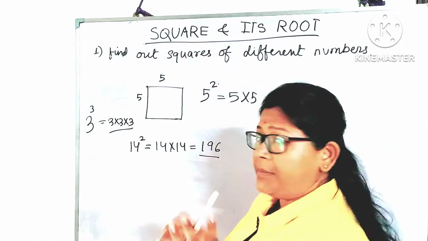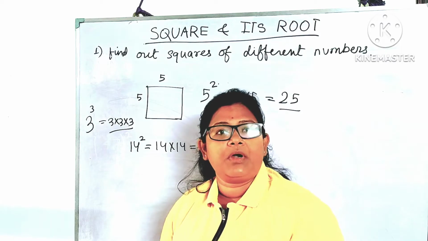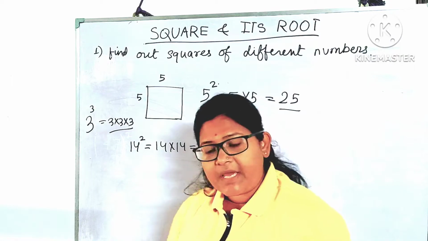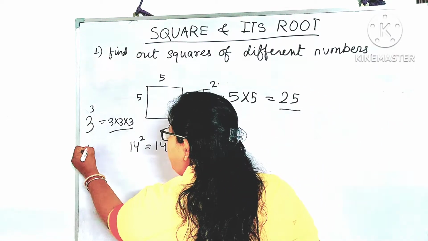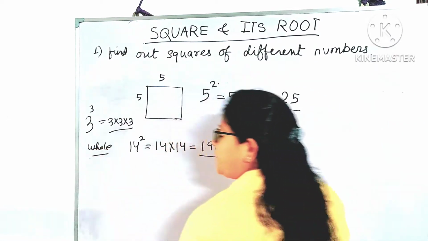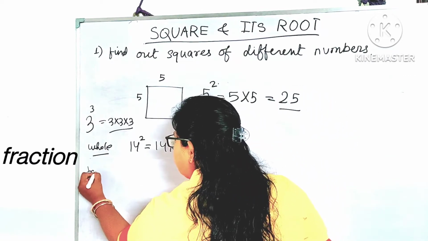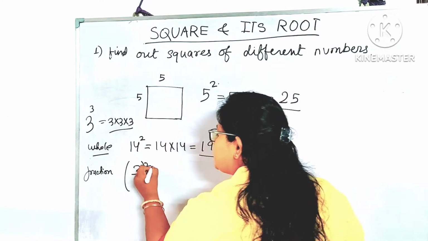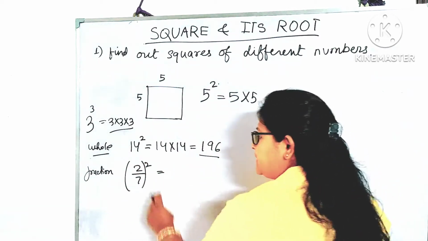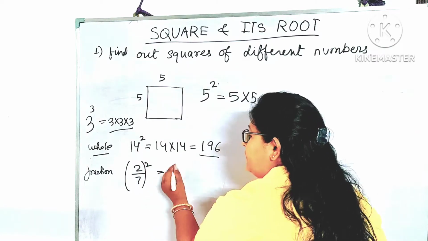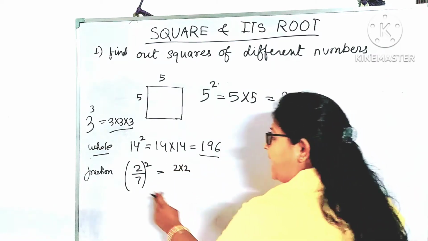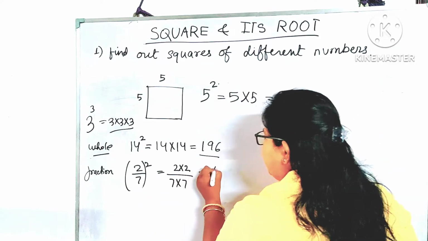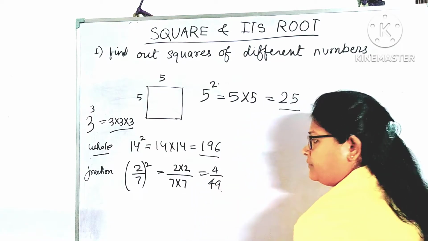Let's consider some numbers like whole numbers, fractions, integers, decimals. Okay? We have seen this as a whole number. In case of a fraction, let's take an example, 2 by 7 whole square. In this case, what happens? The numerator, which is 2, will be multiplied by itself again, and the denominator, which is 7, will be multiplied by itself again, and we get 4 by 49.